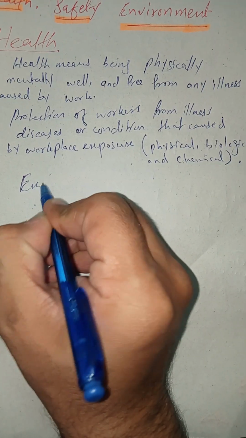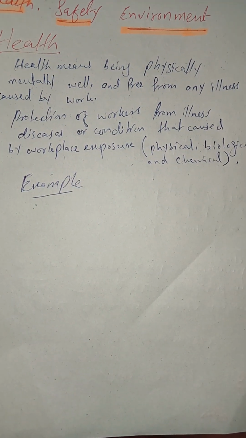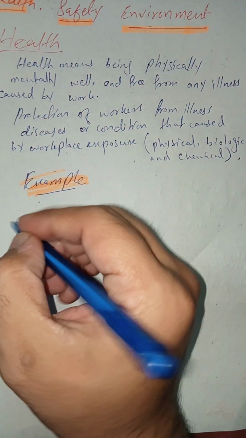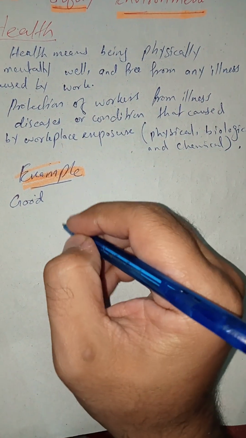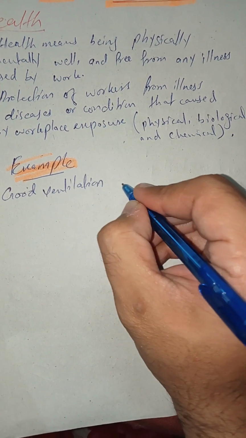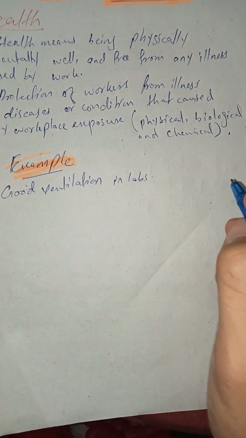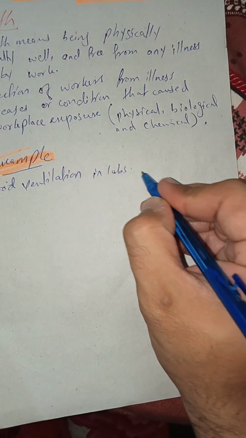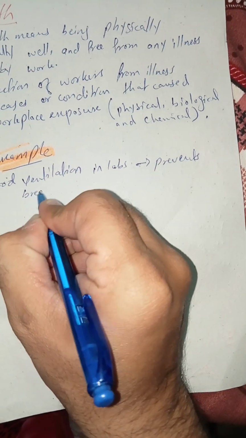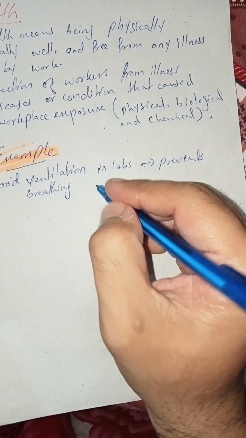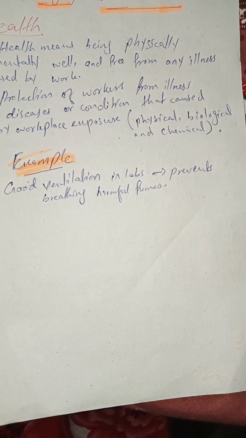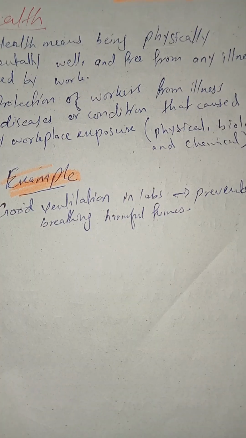For example, good ventilation in labs will help to prevent breathing harmful fumes. Good ventilation in labs prevents breathing harmful fumes.